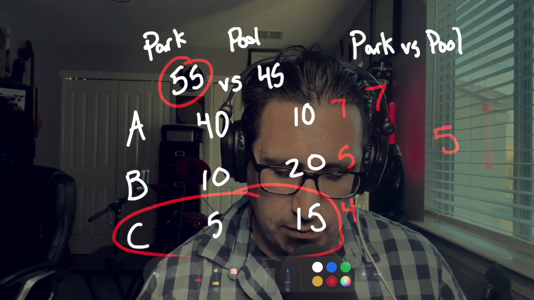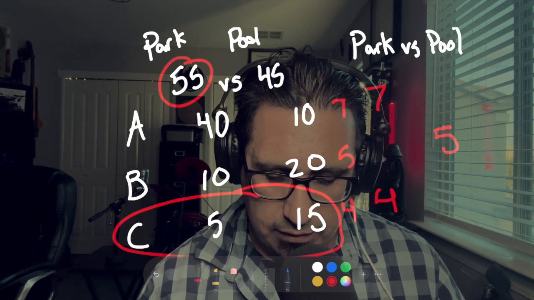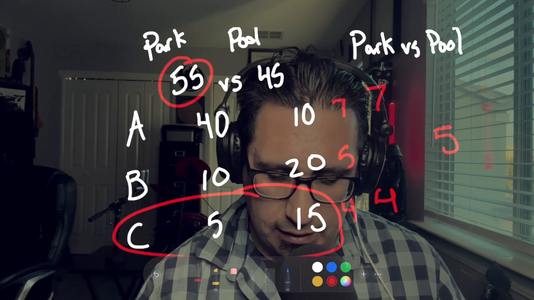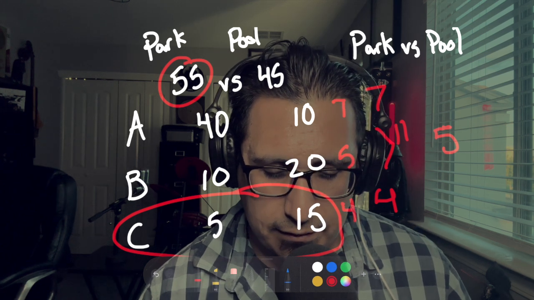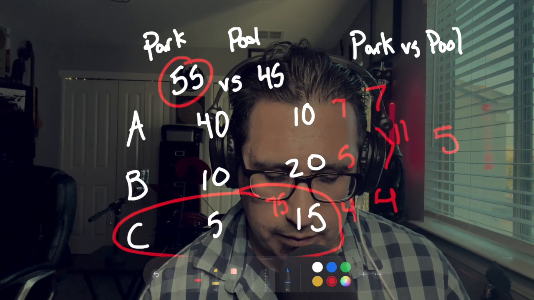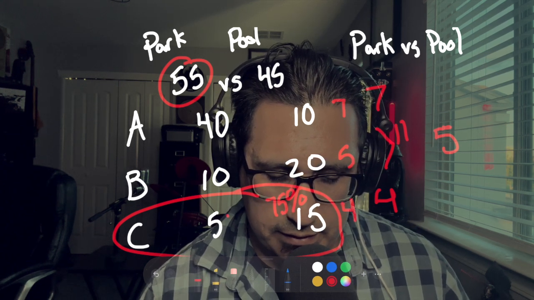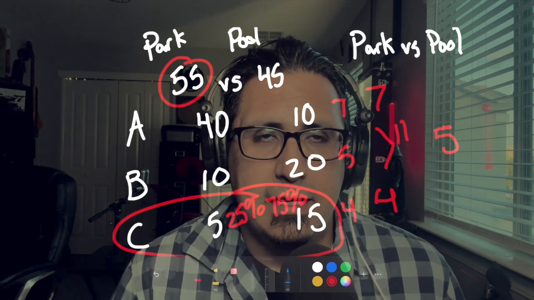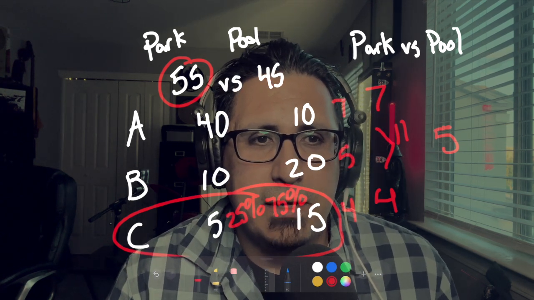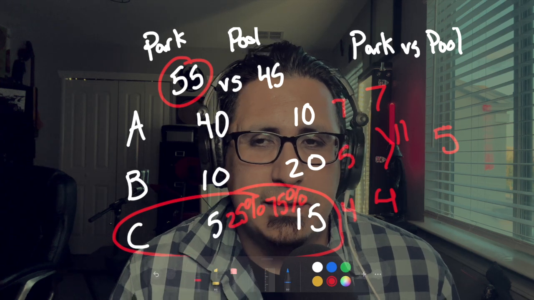But then this one's going to go with the national vote, and that's 4. That puts it at 11 to 5. And again, this is an even bigger margin, 75% to 25% that wanted it. Yet you're still going to give all my votes to the national vote.